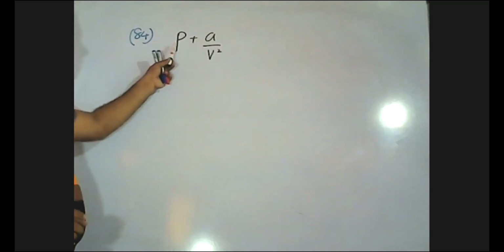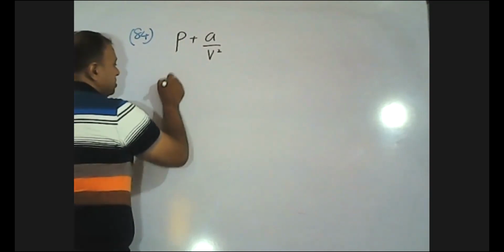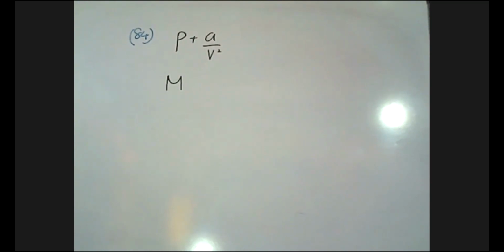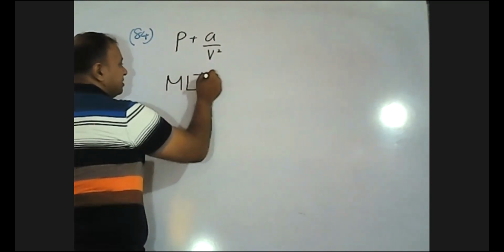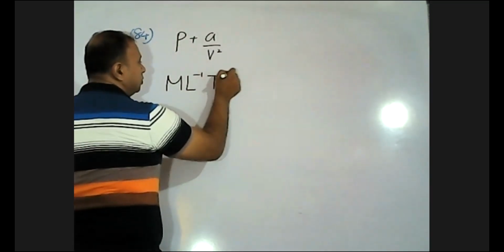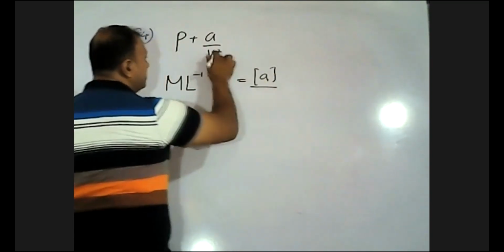That means the dimension of pressure, ML^-1 T^-2, over the dimension of A over V square.